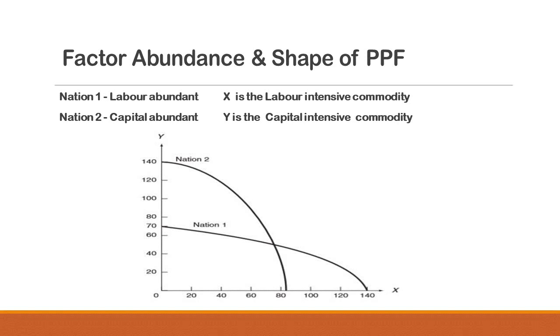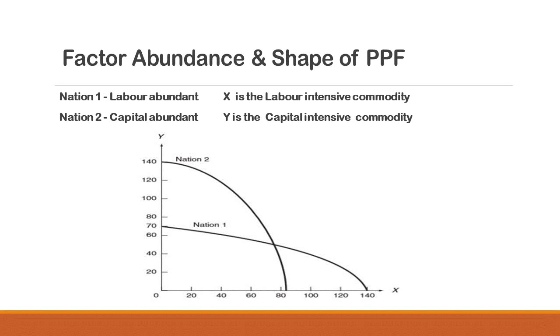When we examine the production possibility frontiers, we can see that production possibility frontier of nation 1 is skewed towards the X-axis, that is the axis which measures the labor intensive commodity, and the production possibility frontier of nation 2 is skewed towards the Y-axis.